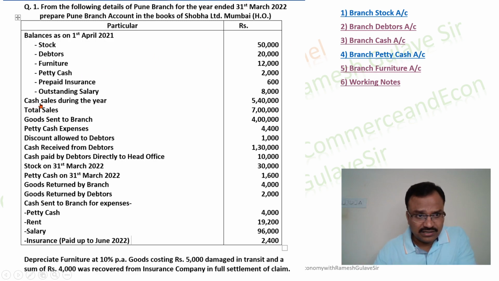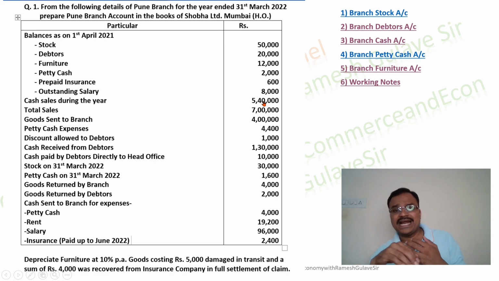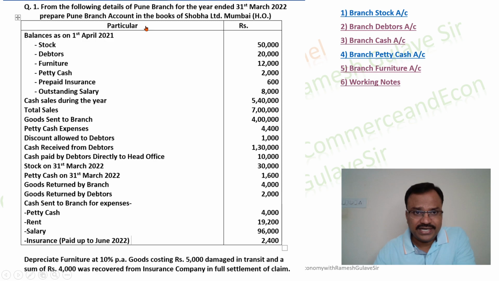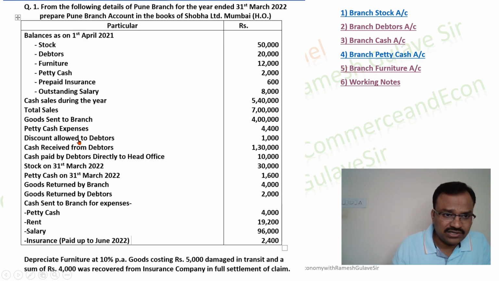After the opening balances, the point related to cash account is cash sales during the year. It means the branch has received cash of rupees 5,40,000 for the cash sales, and this is recorded in the branch cash account. Now let us see the further points related to cash account. Total sales, goods sent to branch, no. Petty cash expenses, this is not related to cash account.